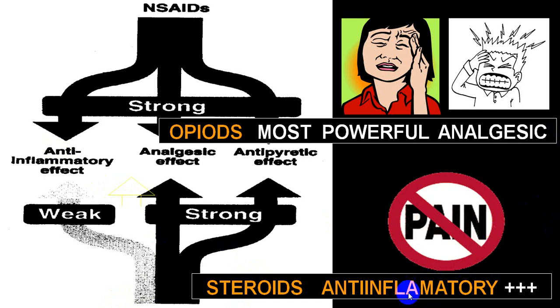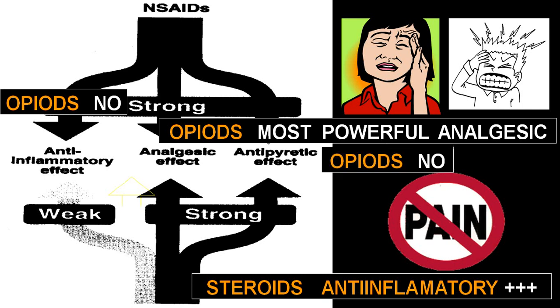Because of this anti-inflammation, it may be a mild analgesic, maybe a mild antipyretic, but it should not be utilized in a person with infective etiology which produces inflammation. So opioid does not have any anti-inflammatory action, and also does not have antipyretic effects.